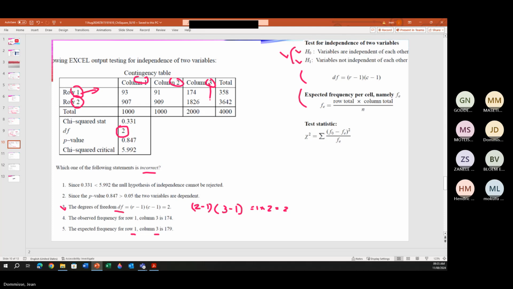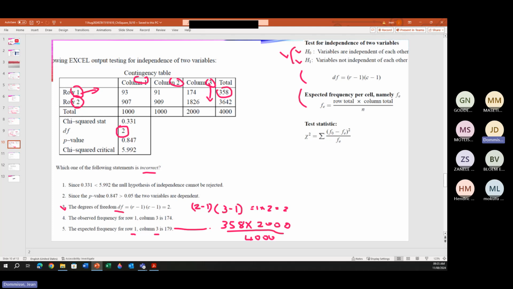Okay, so the formula: row 1 total, 358, times column 1 total, which is 2000, and we will divide by n, which is 4000.